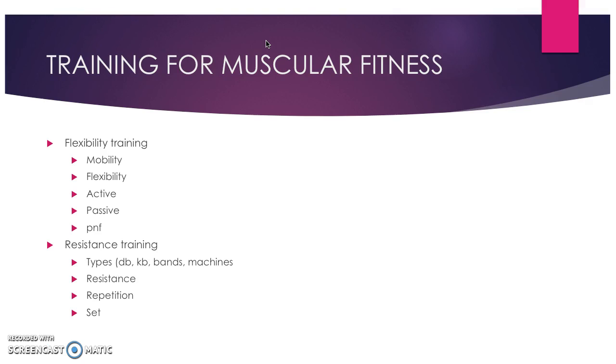PNF is proprioceptive neuromuscular facilitation, also known as contract-relax stretching. That is holding a stretch for a period of time by a partner passively, then relaxing, then they're able to stretch you further. Resistance training types. We have different modalities: sandbags, machines, dumbbells, kettlebells, barbells. Resistance, repetition, and set, those are the basic terms there.